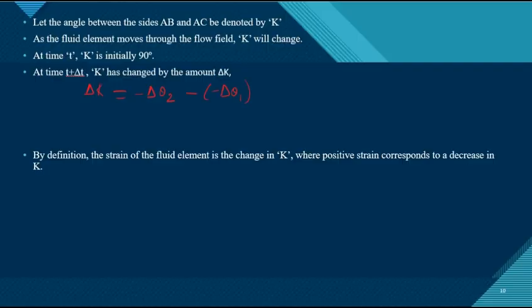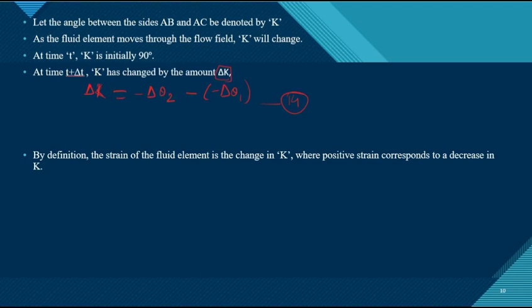When K changes from time t to t plus delta t, let us say it changes by an amount delta K, where delta K can be written as delta theta 2 minus, and because delta theta 1 is minus, it will be minus of minus delta theta 1. Let us say this is our equation 14.